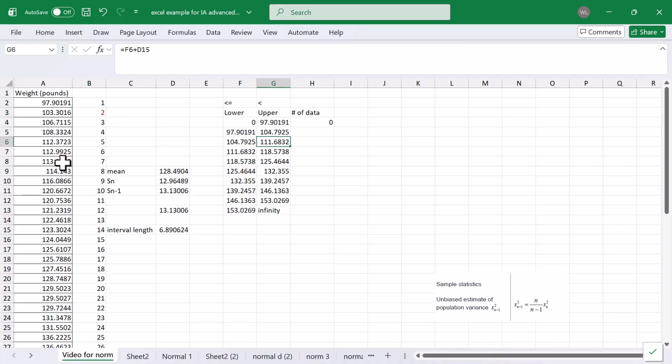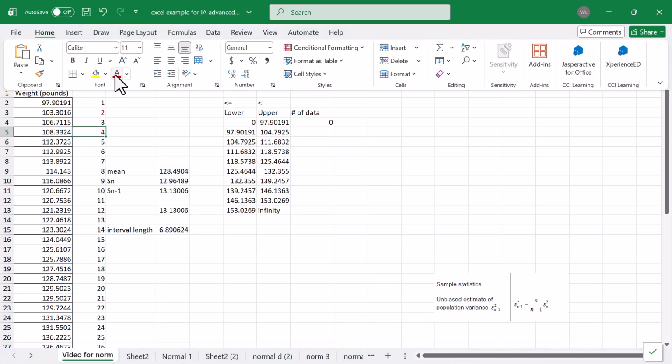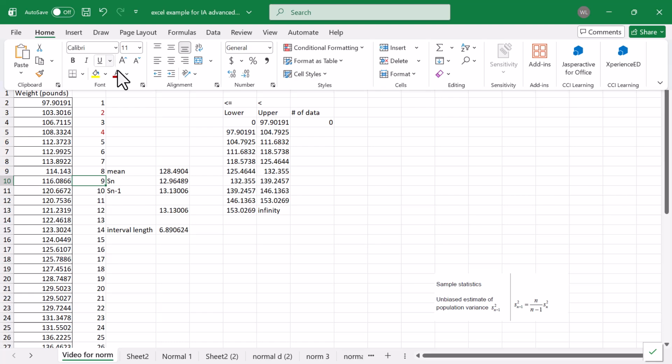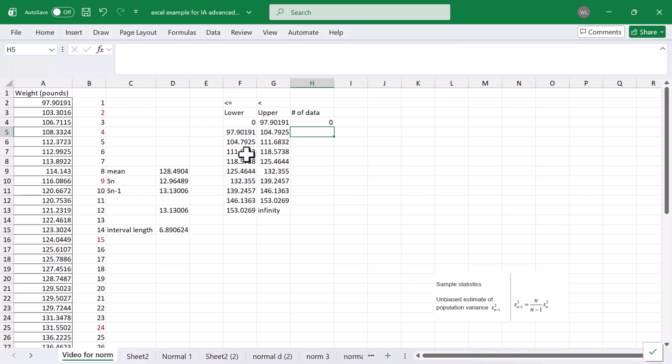Then 111.68, then 118.57. After you complete this, let's count.